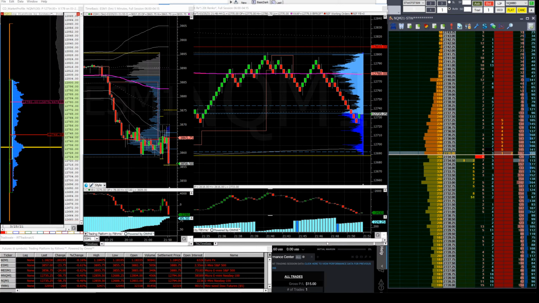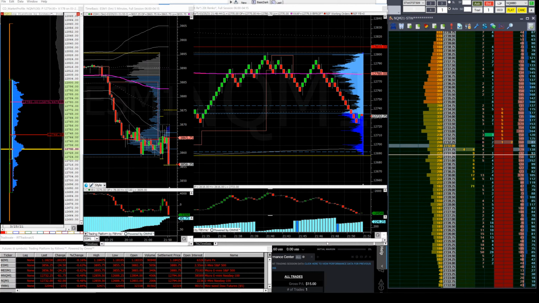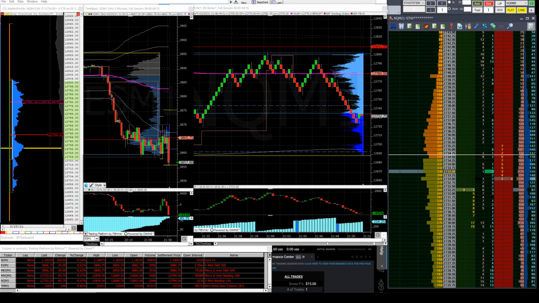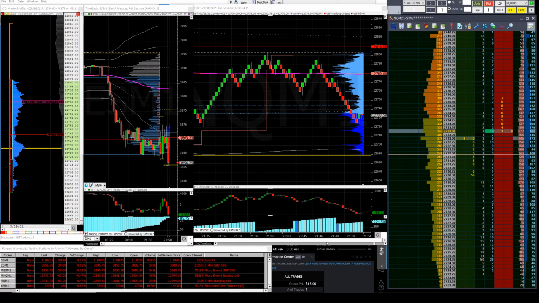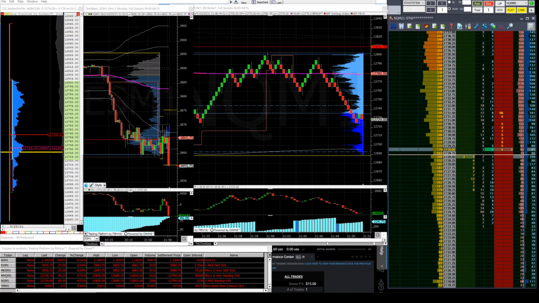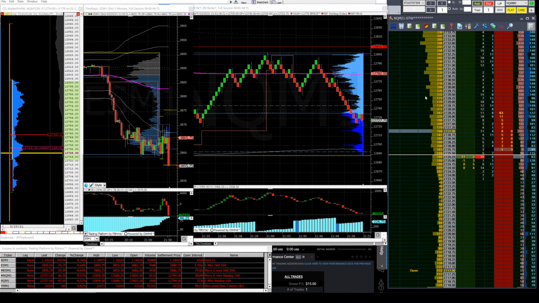I have to now figure out how I'm going to get a constant data feed for the IRT. Right now I'm using a Rithmic demo, so that's going to go poof in a little bit. I guess I could just keep making up Gmail addresses, no, just kidding. I need a good data feed that can run this, and then have my Jigsaw hooked up to whichever combine it is.